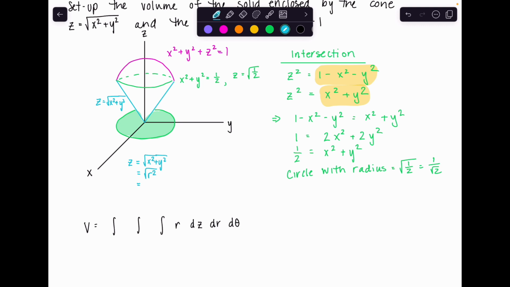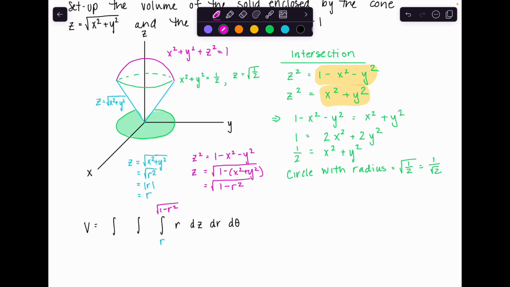Those r squared and square root cancel, and we don't have to worry about absolute value because we're assuming r is a positive quantity. For the other, I need to solve for z squared. So it's 1 minus x squared minus y squared, so z is just the square root of that. And you can factor out that minus sign to see the upper bound is 1 minus r squared inside a square root.